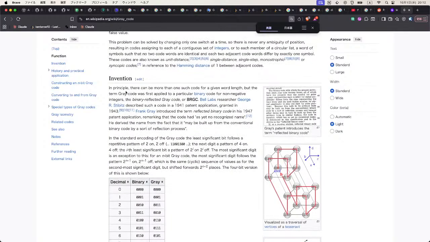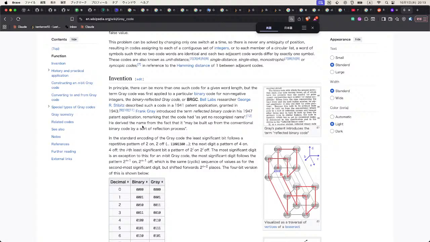In principle, there can be more than one such code for a given word length, but the term gray code was first applied to a particular binary code for non-negative integers, the binary reflected gray code. Frank Gray introduced the term reflected binary code in his 1947 patent application, remarking that the code had as yet no recognized name.